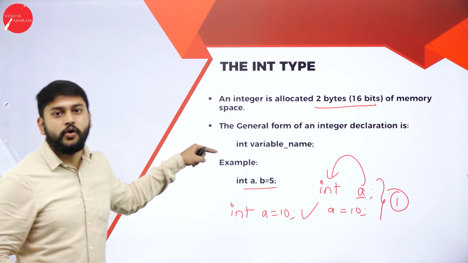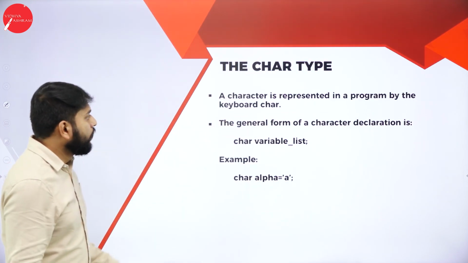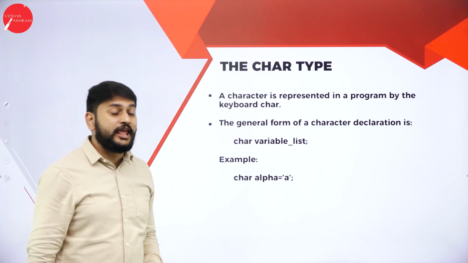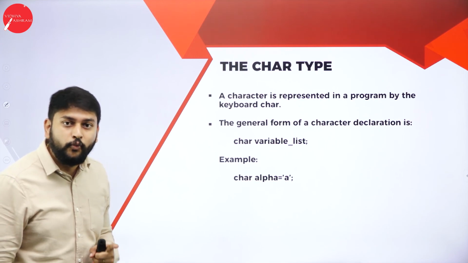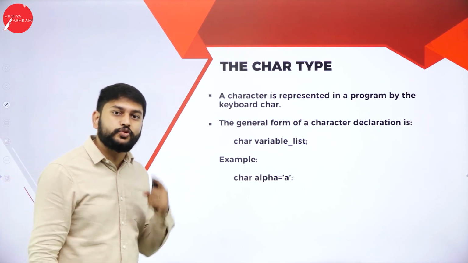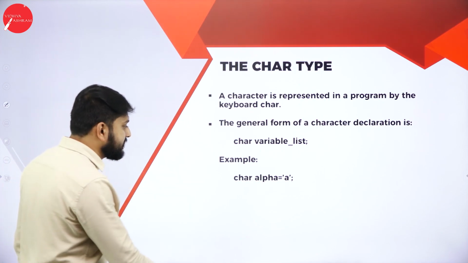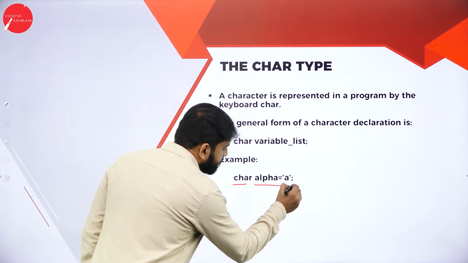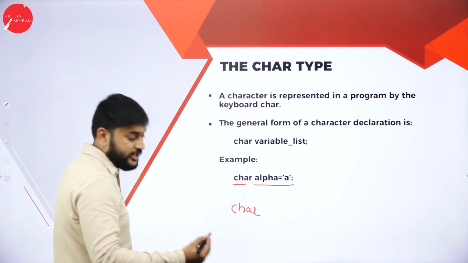You will understand now. The size you need to observe, right? So fine. What is the next type that I have? I have character type. What is the size of this character? I have only one byte. The size of this character is 1 byte. What is the syntax to create the character type? Please understand this. First I have to write the data type. Data type is char. Then after that you have to write the variable.